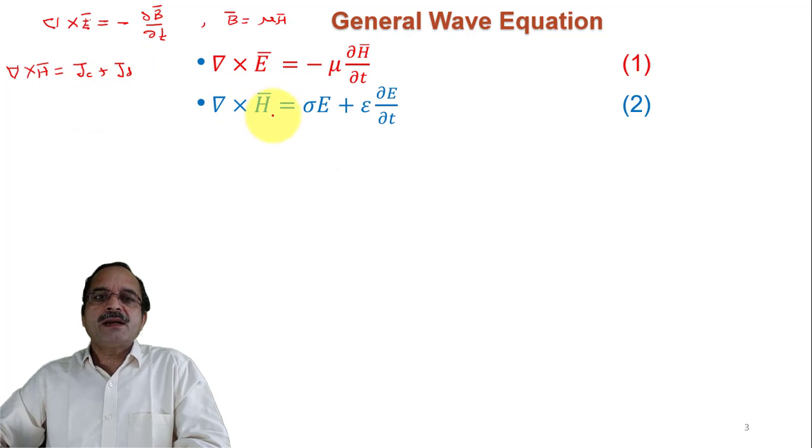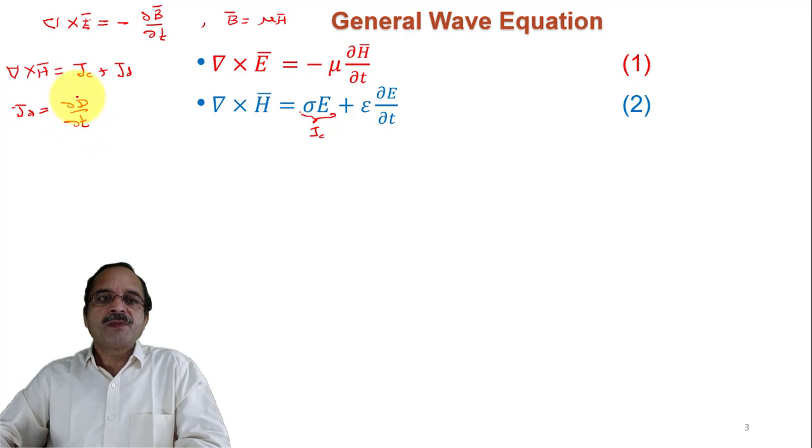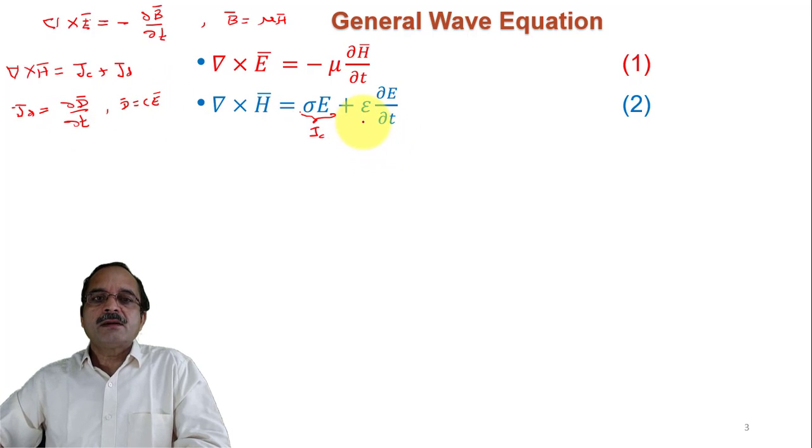The conduction current density is sigma E, where sigma is the conductivity, and the displacement current density is the rate of change of electric flux density, dD by dt. By substituting D equal to epsilon E, we can write the displacement current density as epsilon dE by dt. So this is equation number 2.